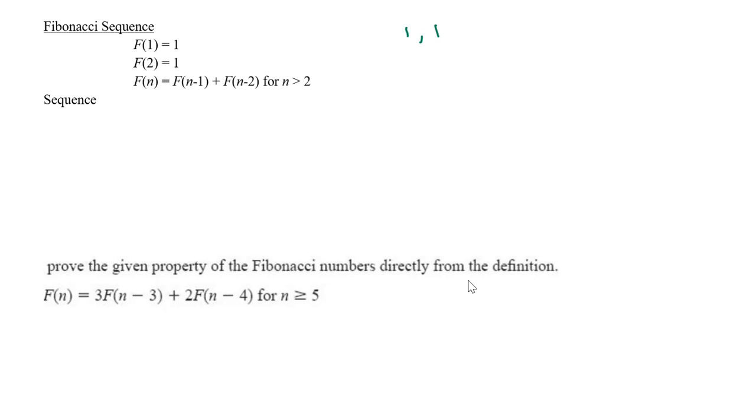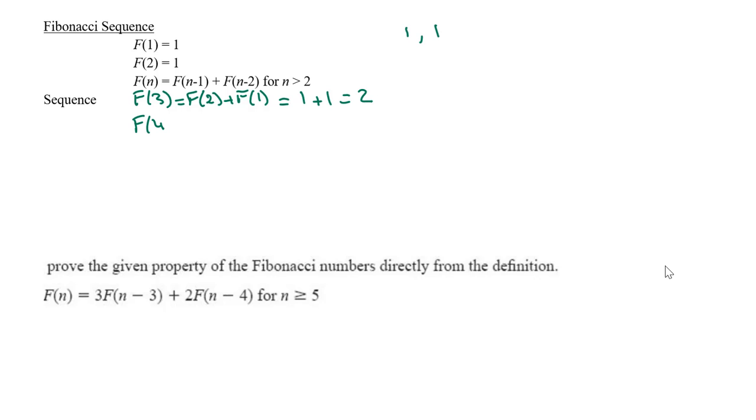But he's saying, for example, if you need f3, add f of n minus 1, which is f of 3 minus 1, which is f2, plus f of 3 minus 2, which is f1. That means if you need f3, add the last two, which is 1 plus 1, which is 2.